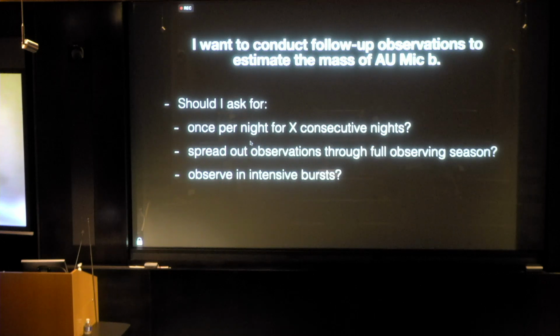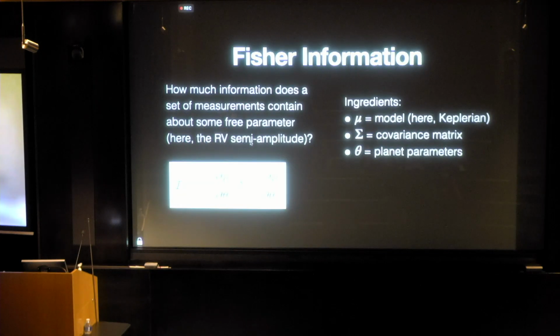And the tool we use to compare these different strategies against each other is the Fisher information. Now, all that is, it's a quantity that characterizes the expected value on the uncertainty of a measurement of some given free parameter. Here, for us, it's the radial velocity semi-amplitude. And it has 3 ingredients.